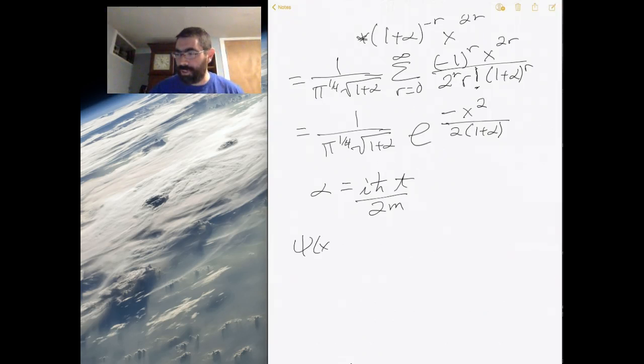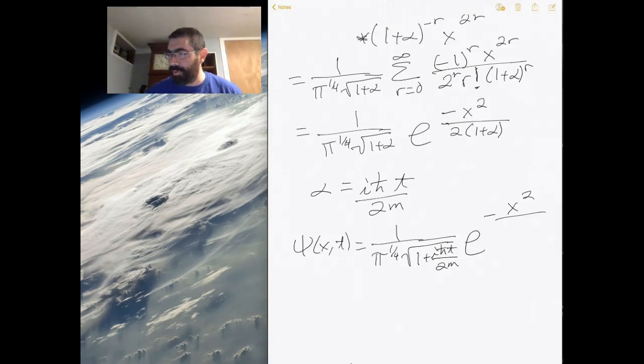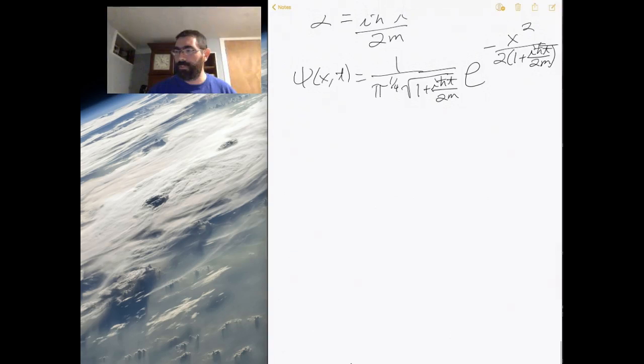So now our wave function is 1 over pi to the 1/4, the square root of 1 plus I h bar t over 2m, e to the minus x squared over 2 times 1 plus I h bar t over 2m. So this is our final answer right here.